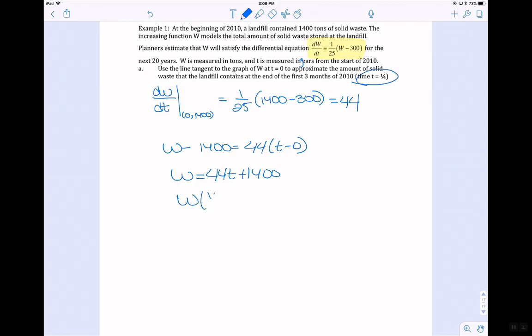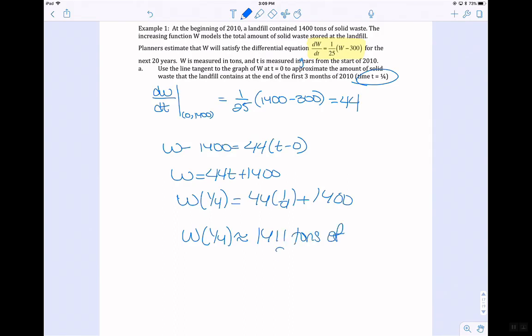So W of 1/4 is approximately equal to 44 times 1/4 plus 1,400. So we will get approximately 1,411 tons of solid waste.